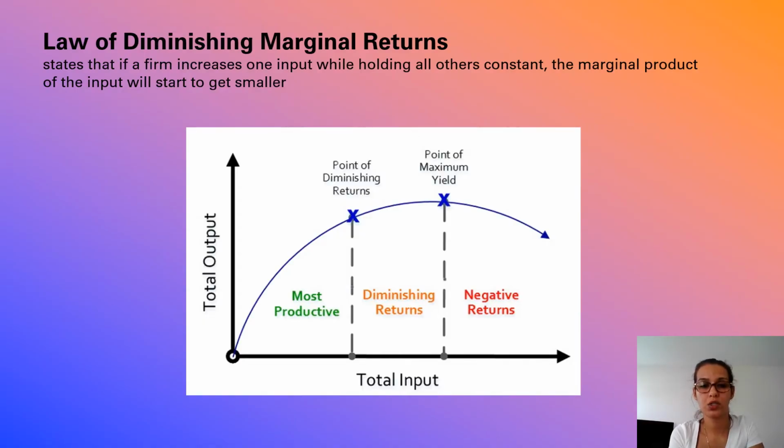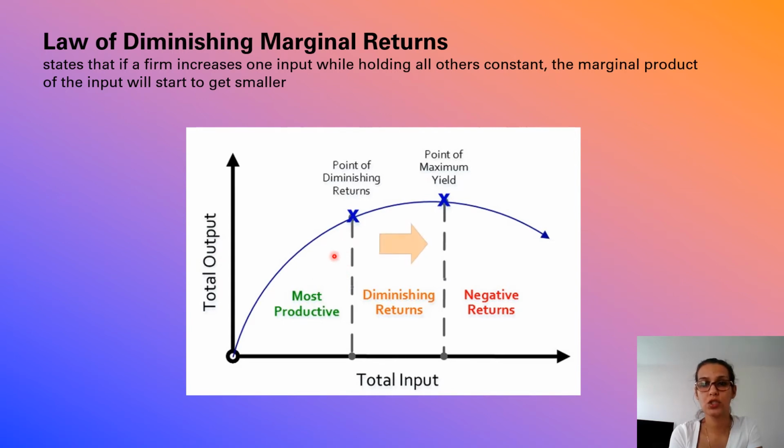The law of diminishing marginal returns states that if a firm increases an input while holding all others constant, the marginal product of the input will start to get smaller. In the first blue X, you can see that the firm is producing the most output.